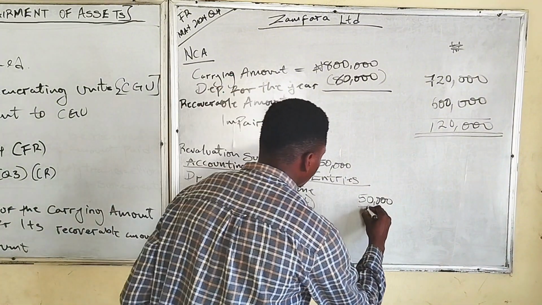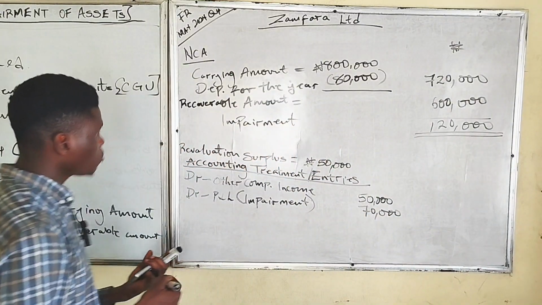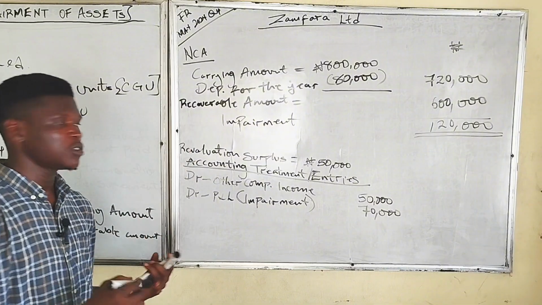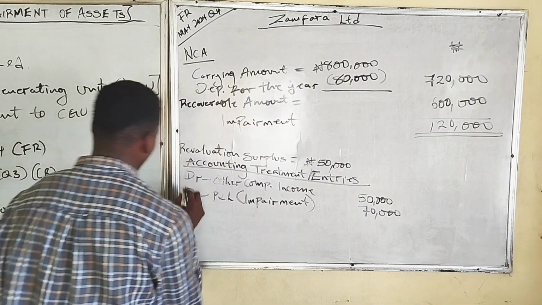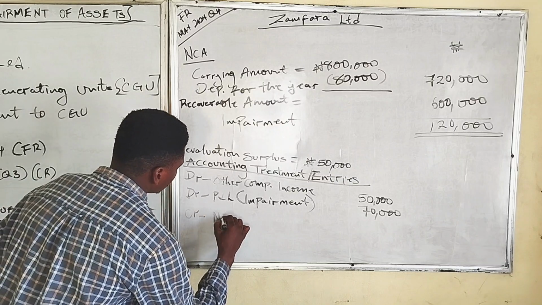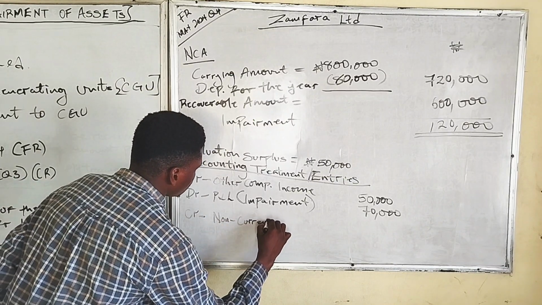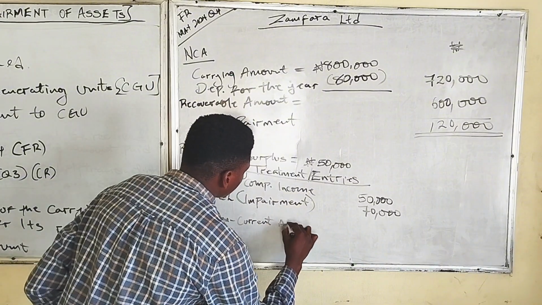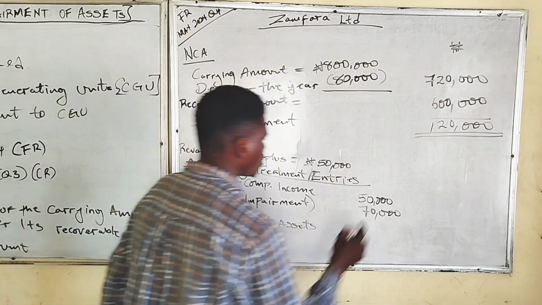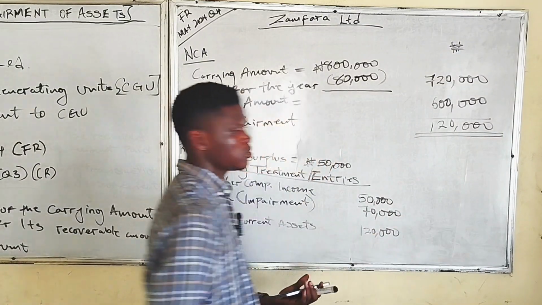So that is 70,000 in P or L, impairment. And we said that the asset must reflect its recoverable amount at the end of each accounting period. So in this case, we'll credit the non-current assets, since they did not mention which of them, with 120,000.